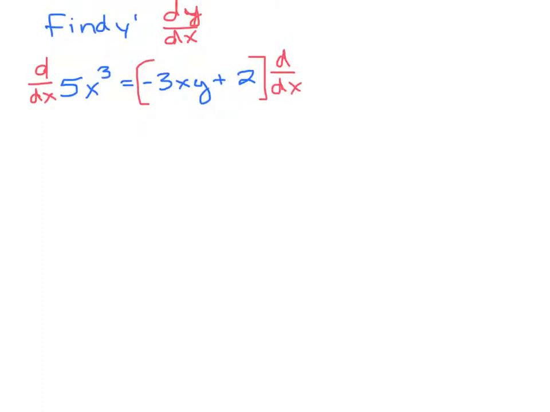On the left, it's fairly simple. That's just using the power rule. So that's going to be 15x squared equals negative 3. We run into a little speed bump with this negative 3xy, but the derivative of any constant is just going to be 0. So now we're going to use the product rule.